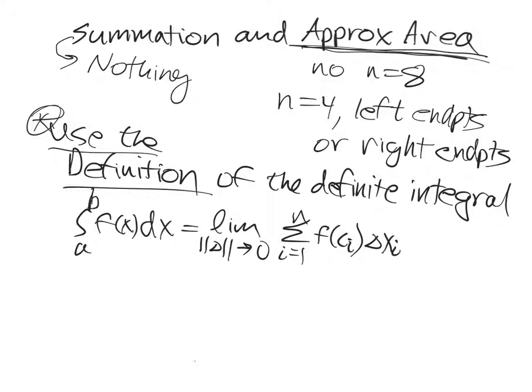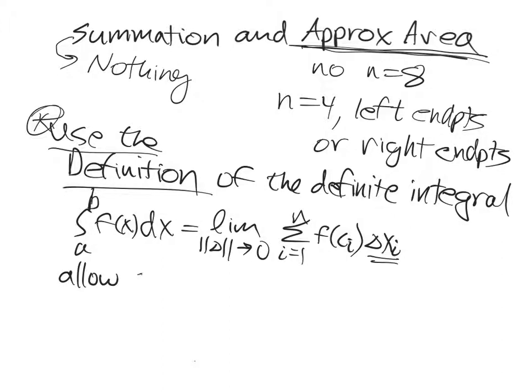Now, in our setup, we're going to make this a little more specific. In technical terms, the delta x, the width of each subinterval, does not have to be equal, but we're going to make them equal, so that will change this.